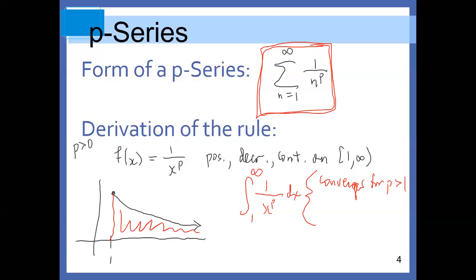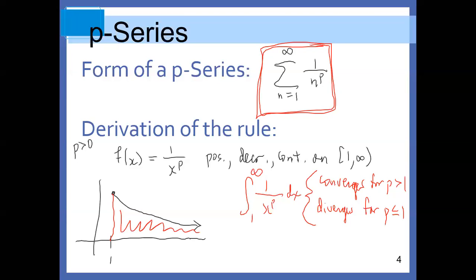And what happens if P is less than or equal to 1? Diverges, for P less than or equal to 1. And that's even true if P happened to be less than 0. I mean, this thing is going to be silly. For instance, if I take P equal to -2, 1 over x to the -2 is like x squared.